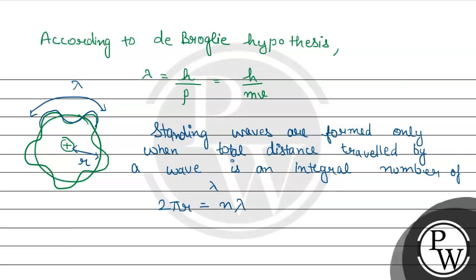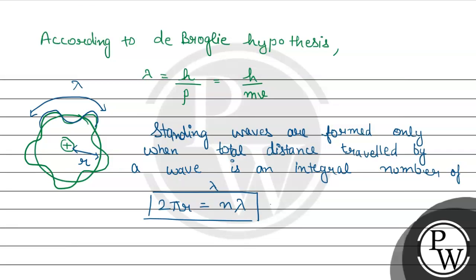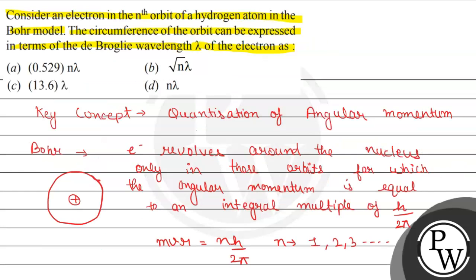And so this has been derived for the de Broglie wavelength, and according to the question हमें बताना था जो circumference होता है orbit का can be expressed in terms of the de Broglie wavelength of the electron, that is equal to n lambda. So जो हमारा final answer होगा, that will be n lambda. According to the given options, this is option D.